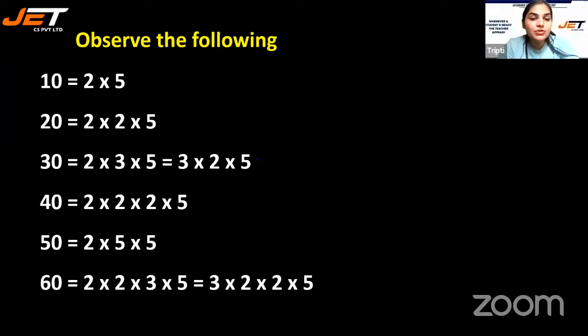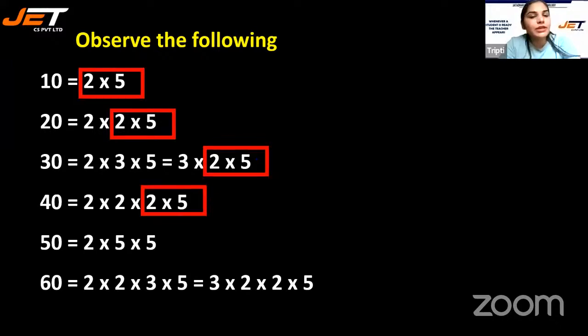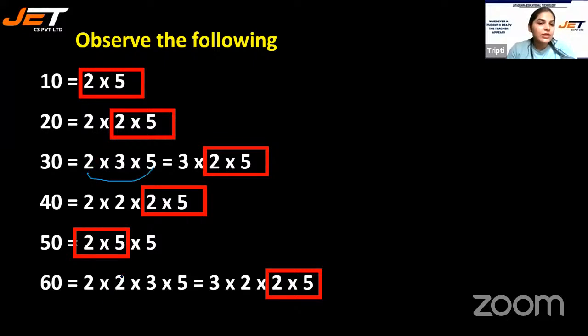60 is 2 times 2 times 3 times 5, or 3 times 2 times 2 times 5. See, 2 times 5 is common in everything. In all of these, you can see 2 times 5. Because 2 times 5 makes 10.